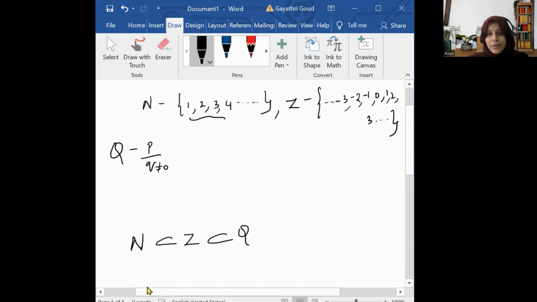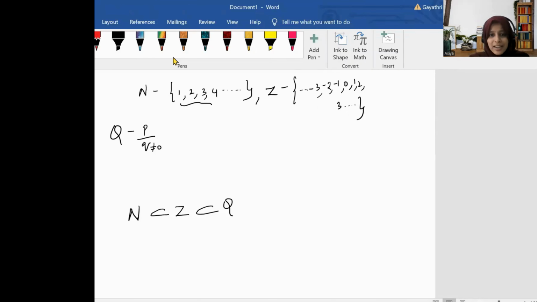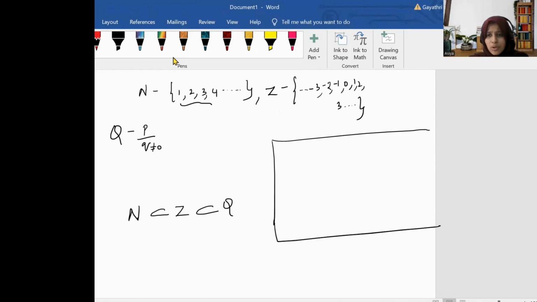Yes, I can. Now, if you remember, we had a box, I think it was in the grade 9 or grade 10 textbook on the first page. It was something like this. These are my natural numbers. These are my whole numbers. These are my integers. Again, these are my rational numbers.